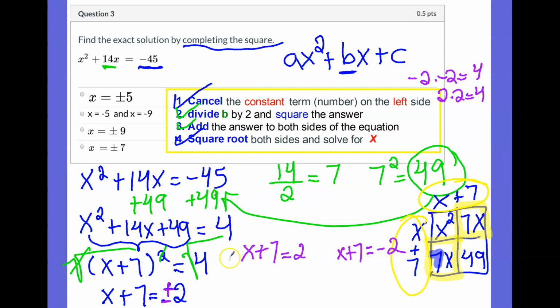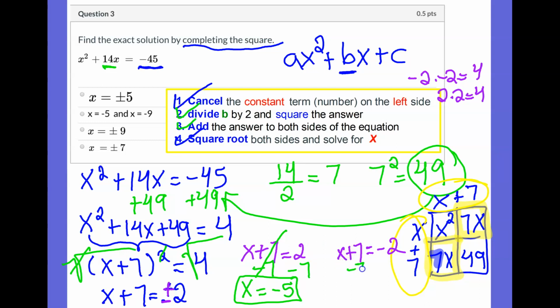So now I need to solve for x. To solve for x, I need to leave x by itself. So I will cancel 7 by subtracting 7 on both sides. Positive 7 minus 7 is 0. So now I have x equals 2 minus 7, which is negative 5. That is one answer. Now I will do the same on this side.